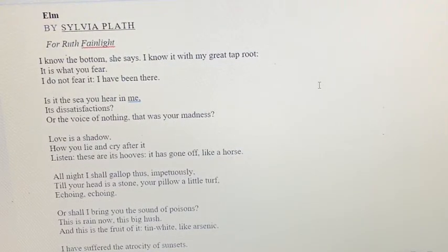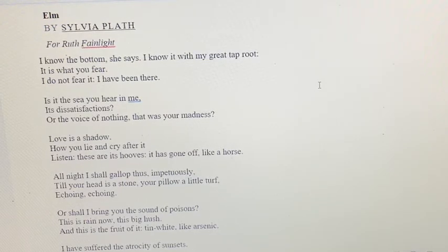For Ruth Fainlight. "I know the bottom," she says. "I know it with my great tap root. It is what you fear. I do not fear it. I have been there. Is it the sea you hear in me, its dissatisfactions?